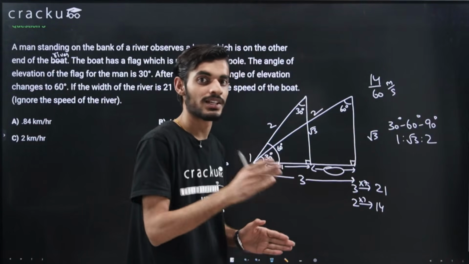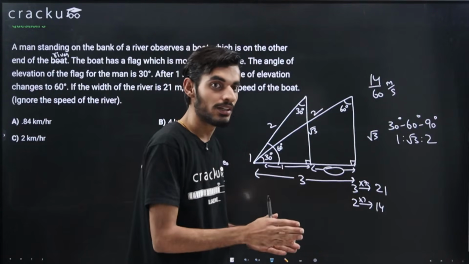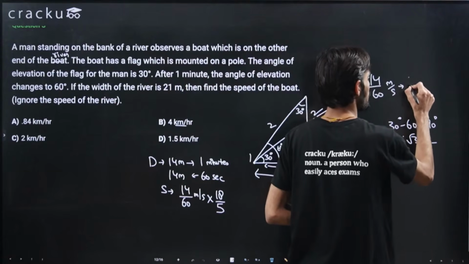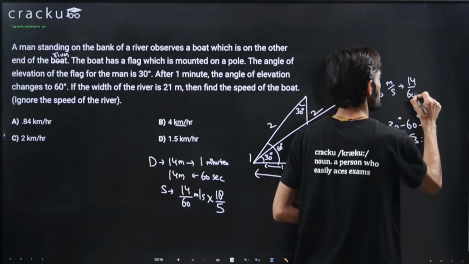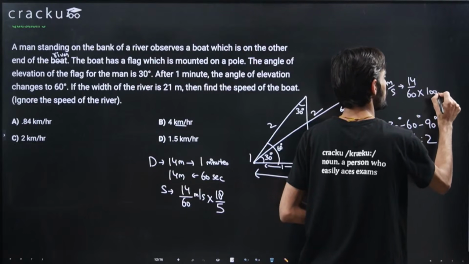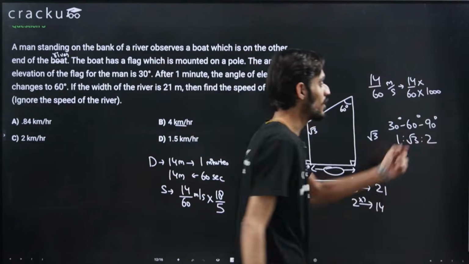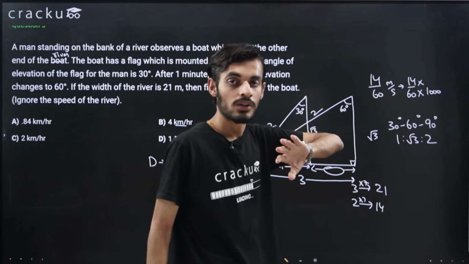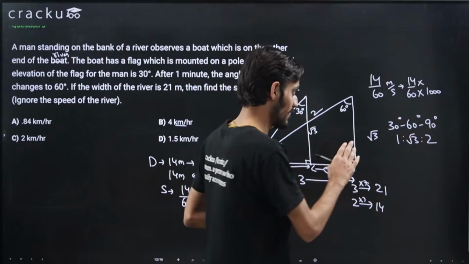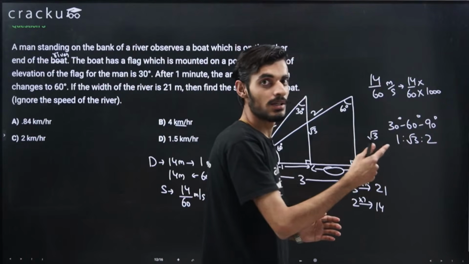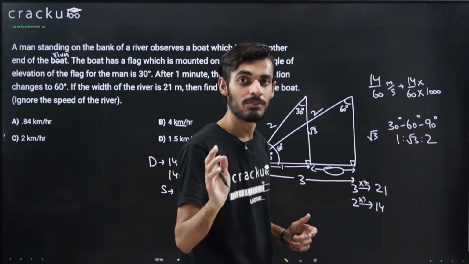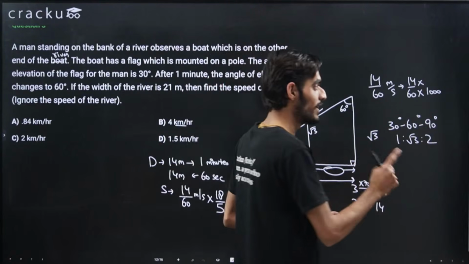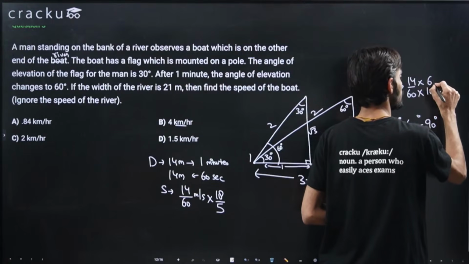Because in 1 kilometer there are 1000 meters, and in 1 meter it is 1 by 1000 kilometers. So what I can do here is 14 by 60 multiplied by 1000 now. So meter has been converted into kilometers, and for seconds I need to convert it into hours. For that I need to multiply it by 60, because in 1 minute there are 60 seconds, and in 1 hour there are 60 minutes. So I need to multiply it by 60 twice.